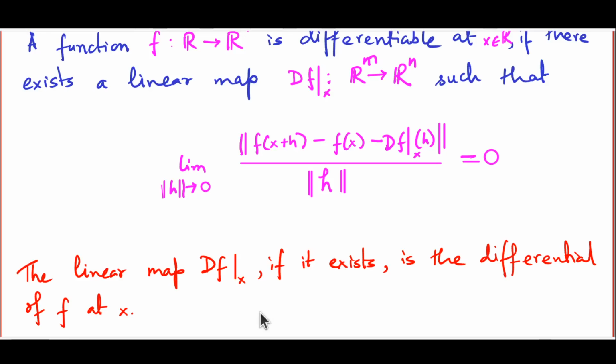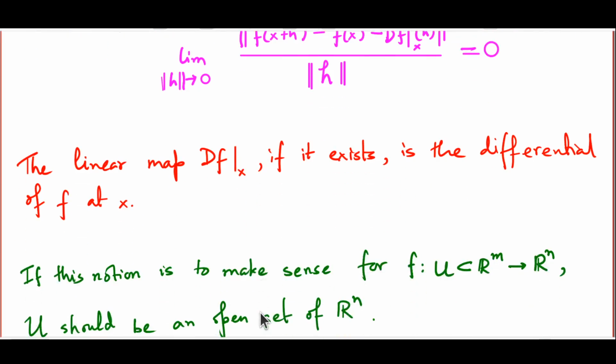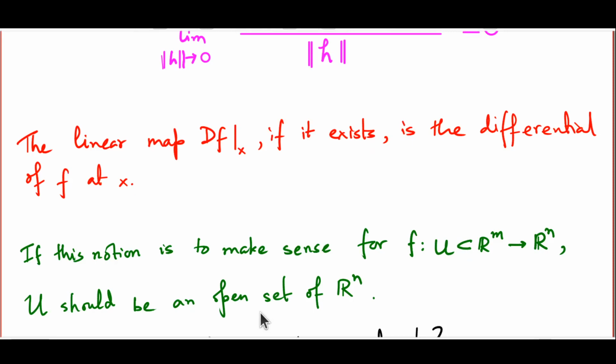We have also seen that if this notion is to make sense in a more general setting where the function is not from all of Rm to all of Rn, but from just a subset of Rm to Rn, then this subset should be an open set, simply because you should be able to make sense of changing x by an amount h, and this h can be a vector in any direction.